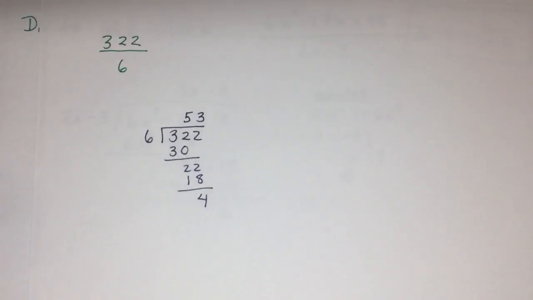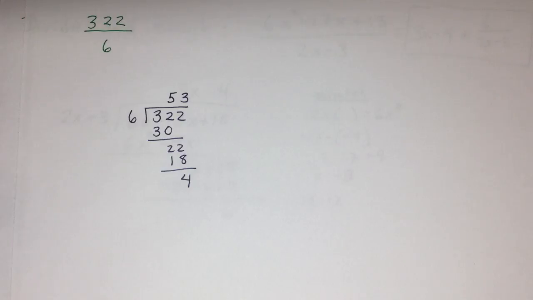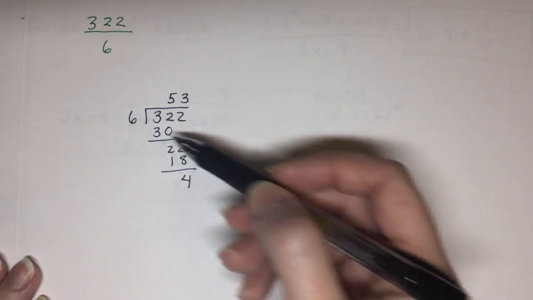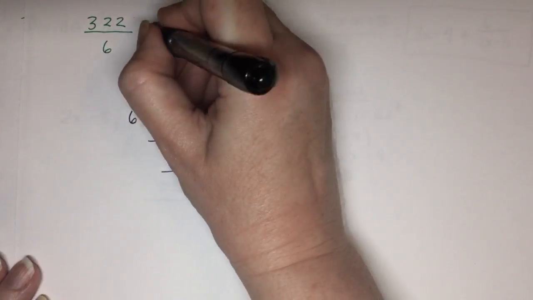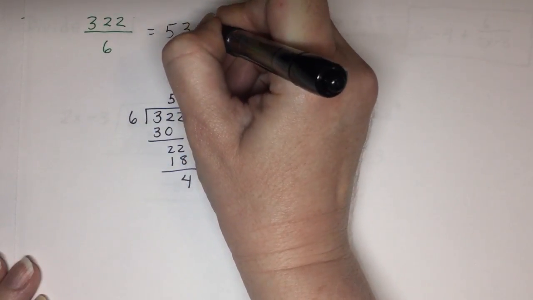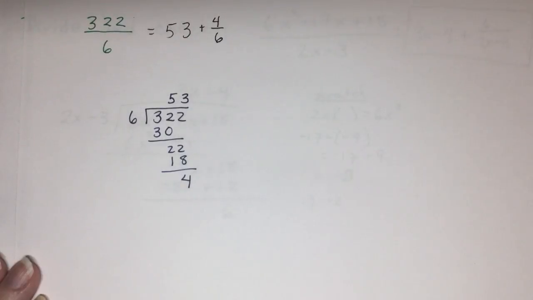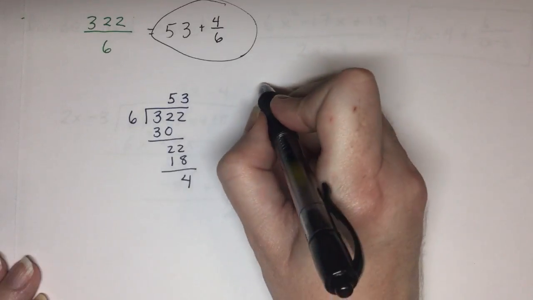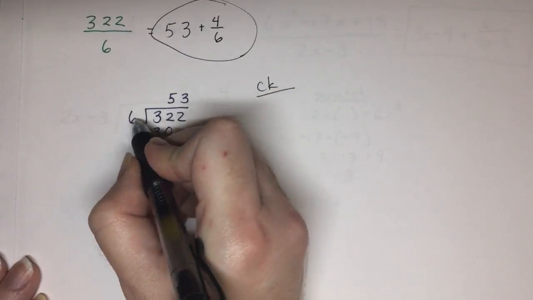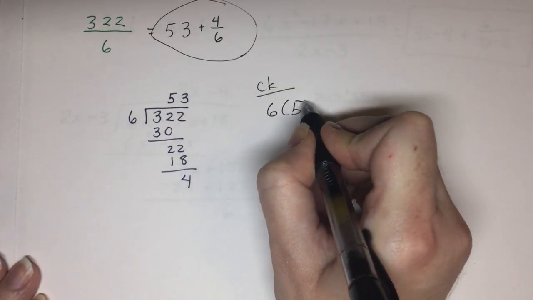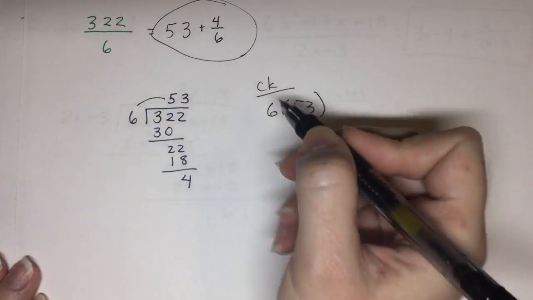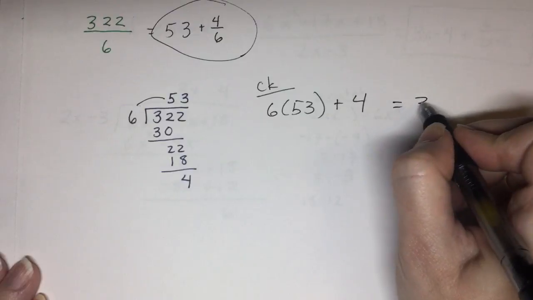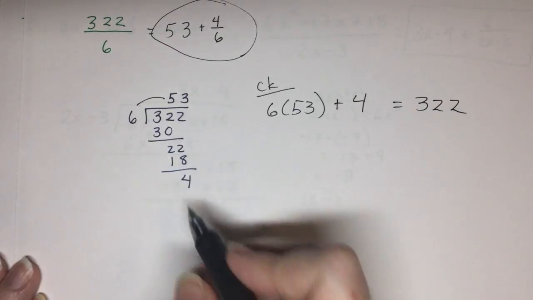Well, just like you did when you were initially learning long division. 322 divided by 6, we do our division, and we say this is 53 plus 4/6, and that would be our answer. But we can check by saying 6 times 53 plus 4. That should get us back to our 322.